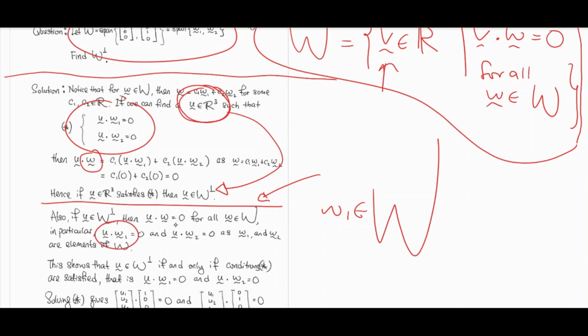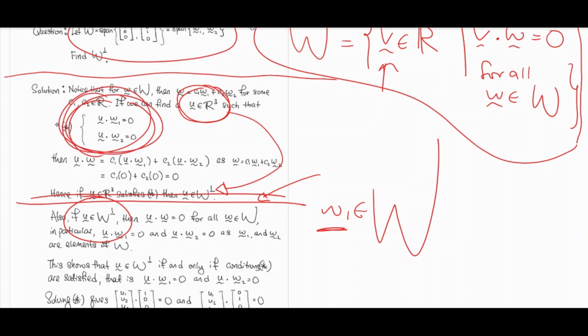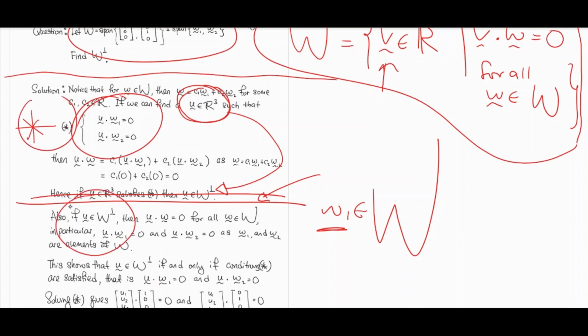Because this u here has to be orthogonal to every single vector in this vector space. w1 is in this vector space, therefore u must also be orthogonal to w1. And similar reasoning will give you that u will also have to be orthogonal with w2. So what this shows is that if u is in W perp, then u must have this property that we label as property star. And if your u is satisfying this property star, then this u here will be in W perp.